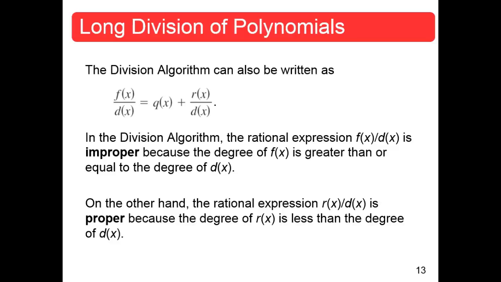Because the degree of f of x is greater than or even equal to the degree of d of x. On the other hand, the rational expression r of x over d of x, and I just said that earlier, has got to be a proper rational expression because the degree of r of x has to be less, not even equal to, less than the degree of d of x. Okay? Make sense?